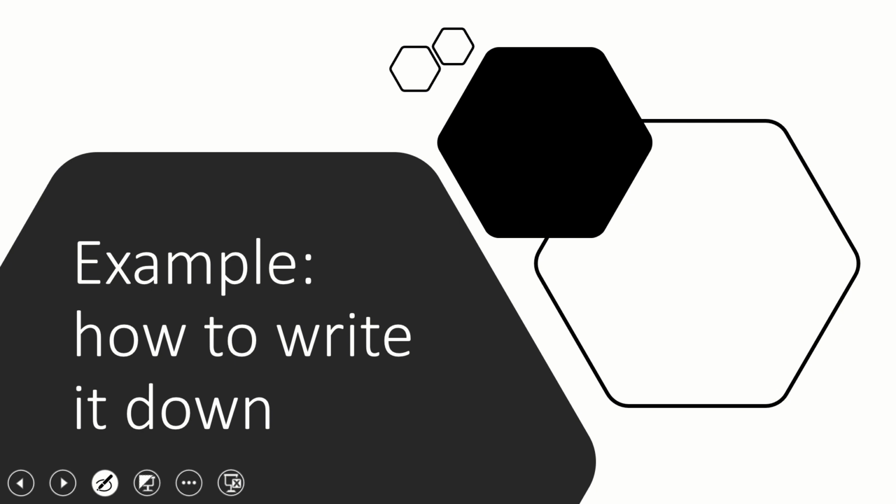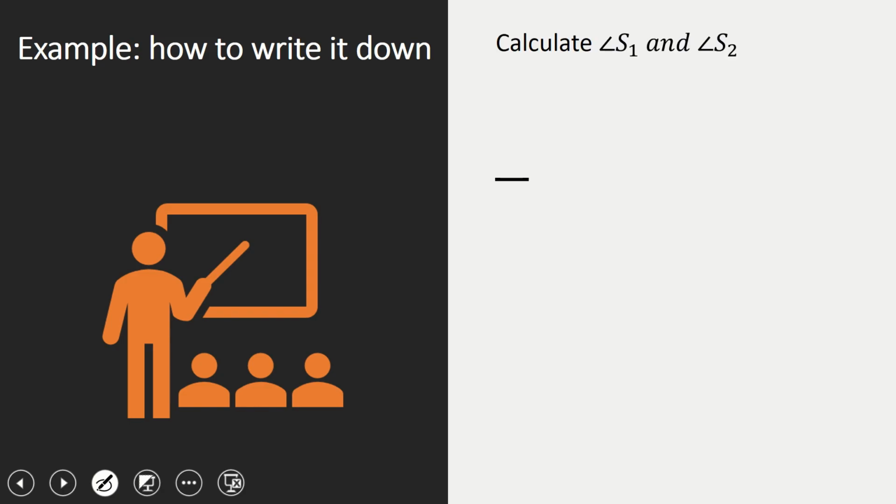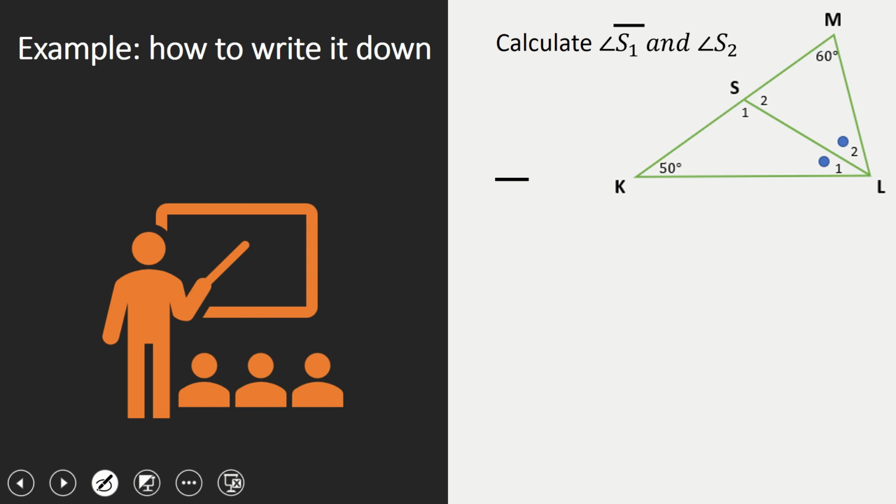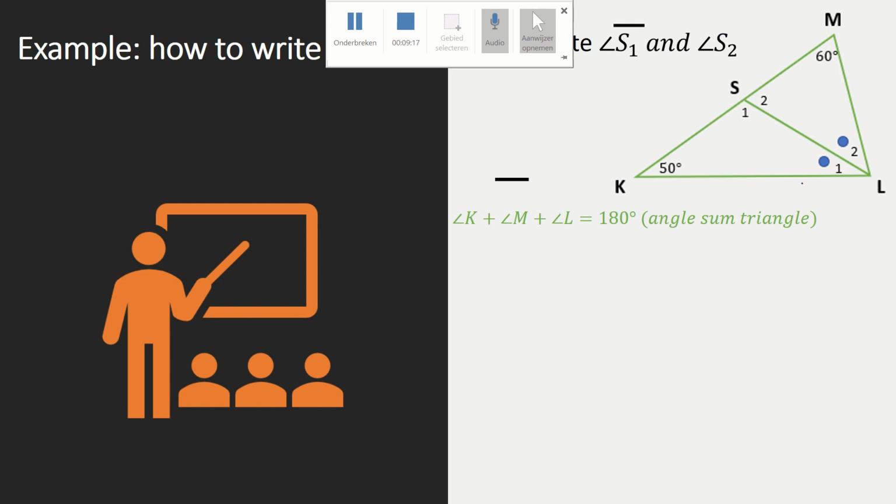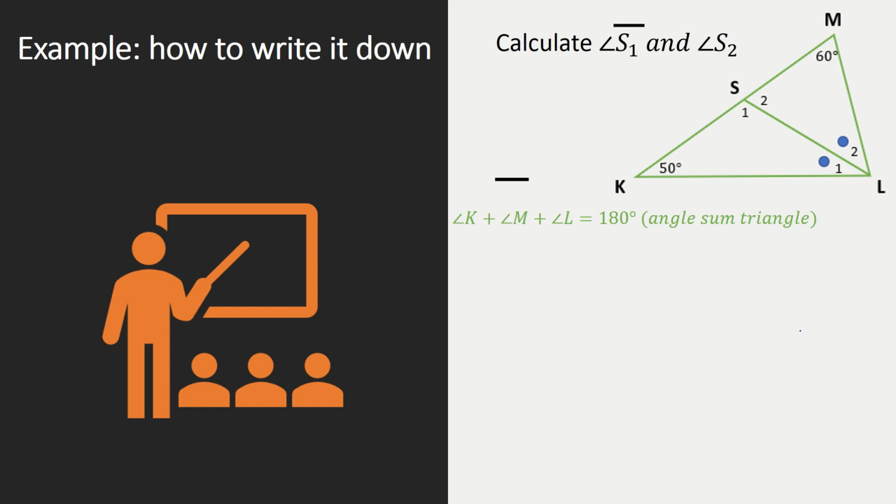But how are we going to write this down? We needed to calculate angle S1 and angle S2. I know that angle K plus angle M plus angle L is 180 degrees, because that's the angle sum of a triangle. It's really important to write down angle sum triangle, or the sum of all angles in the triangle, because you need to give me a reason why you do what you do.